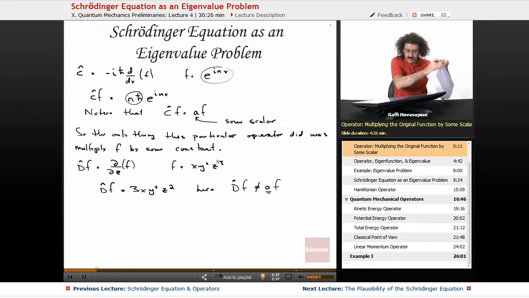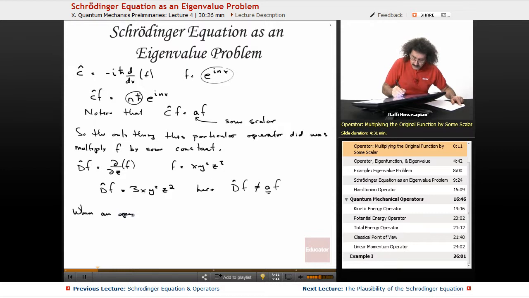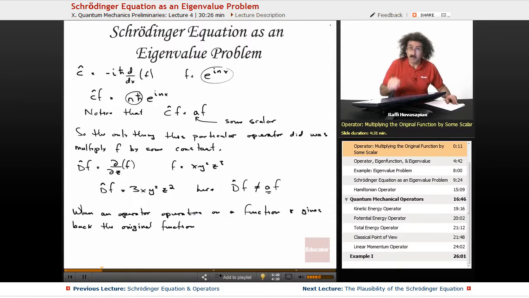Now, when an operator operates on a function and gives back the original function multiplied by some scalar, this is profoundly important.